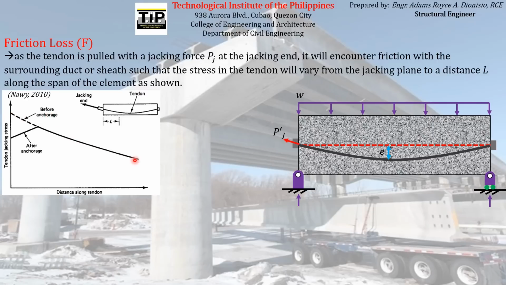They have an inverse relationship. When the frictional force increases, the jacking stress or jacking force acting on the pre-stressing reinforcement decreases. So they have opposite effects on the pre-stressing reinforcement.